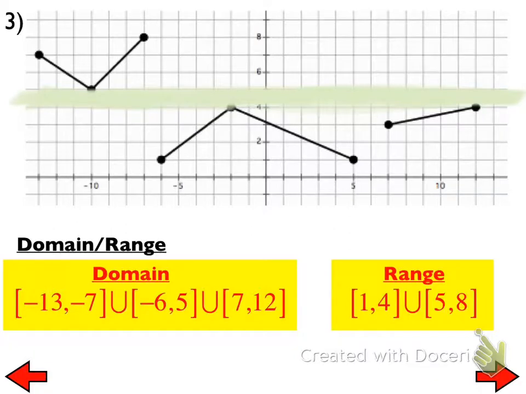In other words, there are ordered pairs that are something comma 1, something comma 2, something comma 3.1, but nothing that's like something comma 4.5. But there are ordered pairs that are something comma 5, something comma 6, something comma 6.2, something comma 7, something comma 8, and so on. Okay? So we have to be careful on the domain and range.